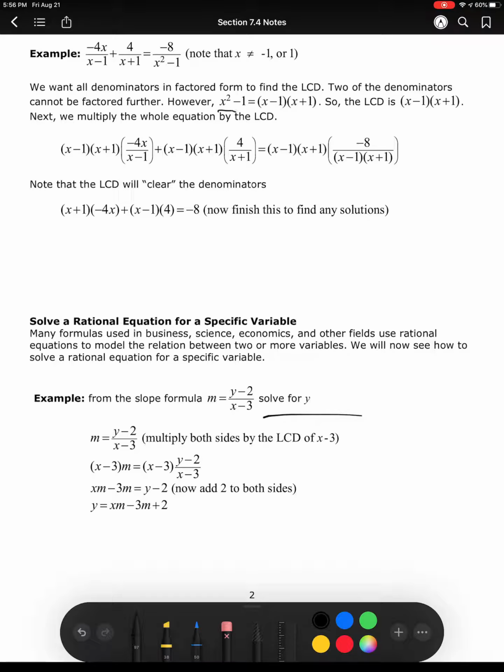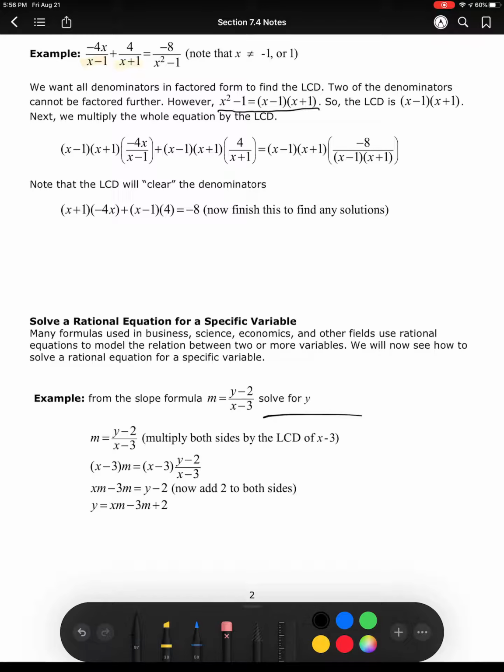So first thing you want to do is factor anything that can be factored. And x squared minus 1 can be factored to x minus 1 and x plus 1. And this one's kind of easy because the factors of x squared minus 1 are right here. So then you just want to multiply both sides of the equation by the LCD. And the LCD is just x minus 1, x plus 1 because all three of these can go into it.